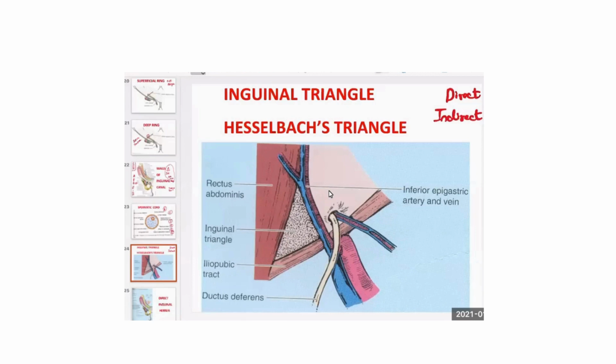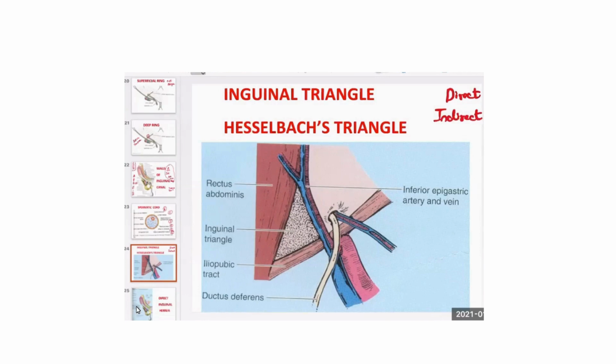This is the left side of your body. Here you get the umbilicus. Can you imagine, right? The triangle is bounded medially by the lateral border of rectus abdominis muscle, below by inguinal ligament, laterally by inferior epigastric artery. If the contents pass through the triangle, it is called direct. If it is lateral to the inferior epigastric artery, it is called indirect.